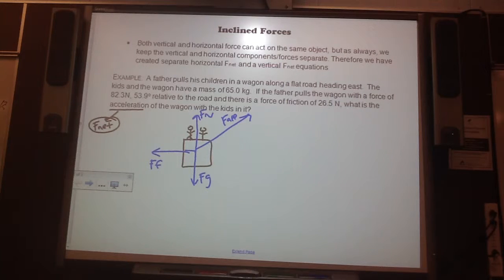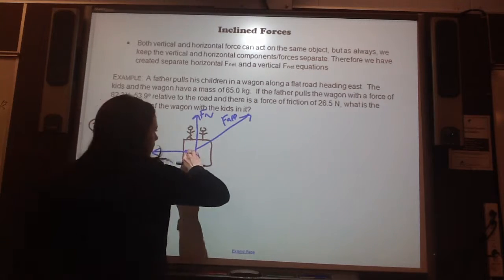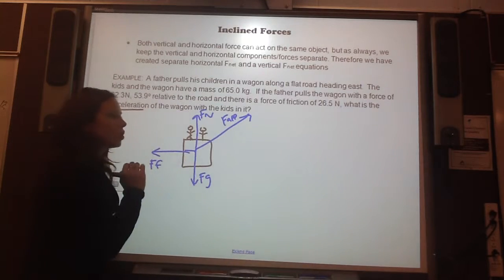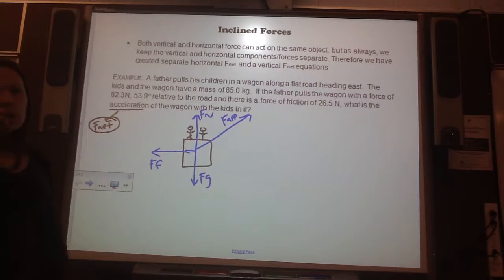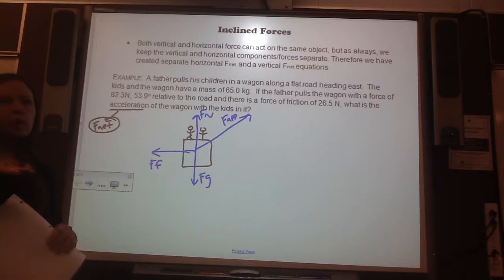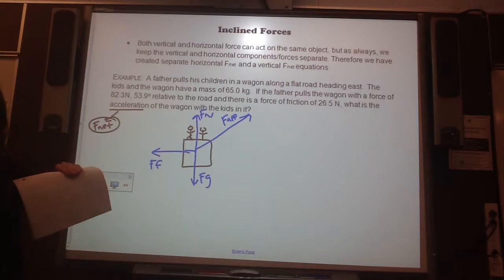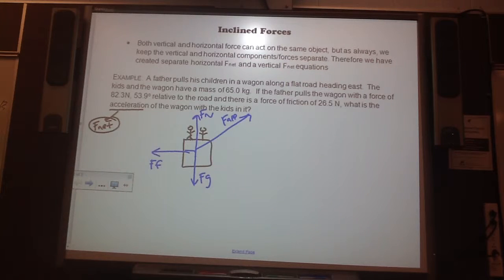Now, for this question, we assume we're just finding the acceleration of the wagon against the road, so just of the movement of the wagon this way. The wagon we're assuming is not lifting up or smashing down or falling. It's just going to be going horizontal, even though F app is pulling it at an angle.